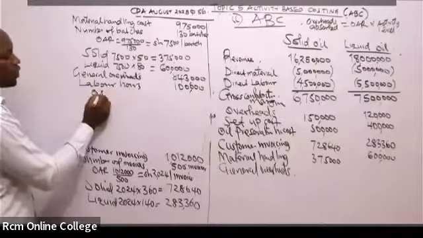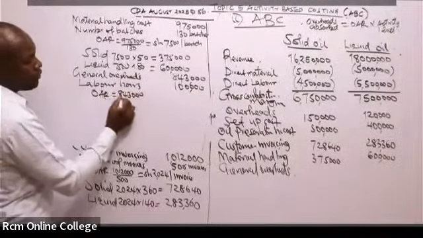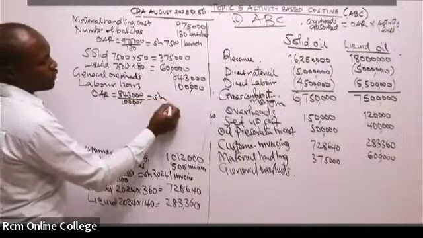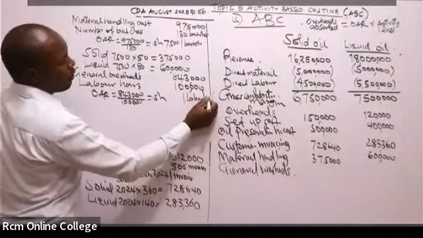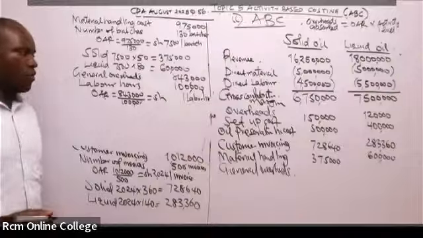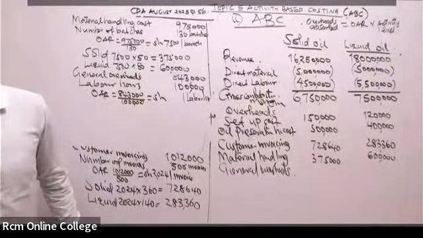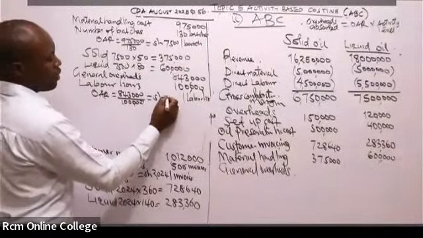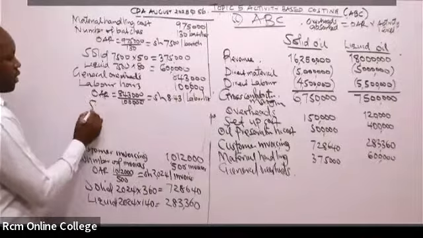Overhead absorption rate is equal to 843,000 divided by 100,000 is equal to shillings per labor hour. How much is it per labor hour? 8.43. 8.43 shillings per direct labor hour.